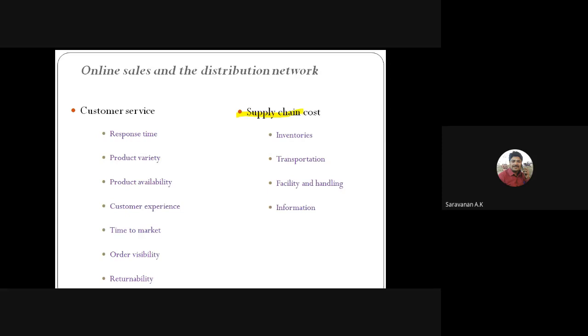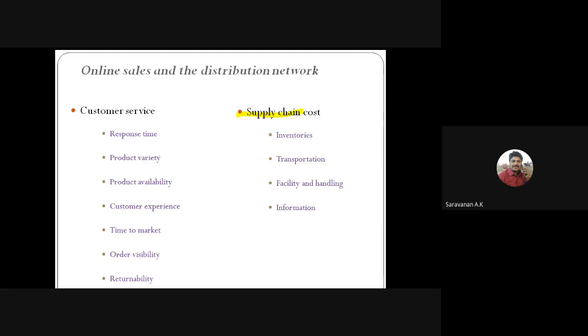In amazon.com, the inventory cost is very low compared to the retail store. Most online stores have a warehouse or facilities in a particular place, so the facility cost and inventory cost are somewhat less compared to retail stores.